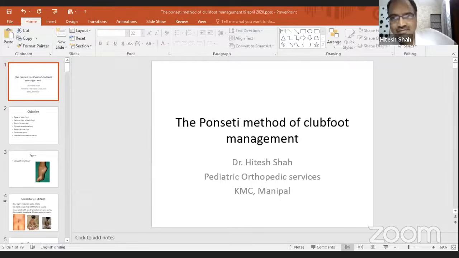But one thing I would like to mention: it is not Kite lobby versus Ponseti lobby. Kite used to get around 60% good results, correcting the hindfoot equinus by serial wedging of the cast, and he used to do more casts.